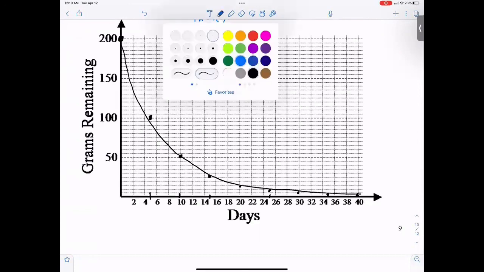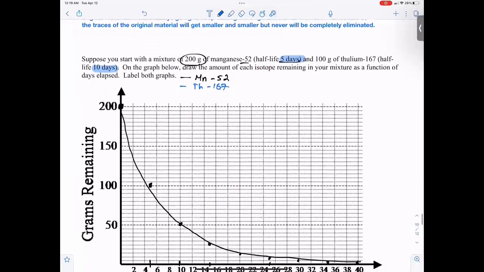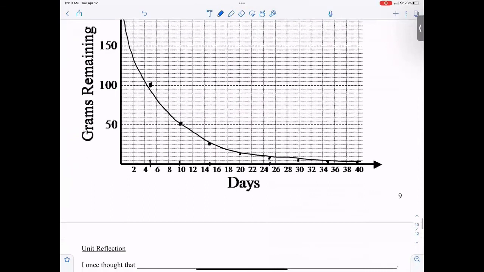By contrast, the thulium-167, we only start off with 100 grams of it, and it has a longer half-life, twice the half-life. So we start off with 100 grams. After 10 days, it's going to decay into 50 grams of that. So we lose half the stuff. At 20 days, another 10 days pass, and now you're down to 25.